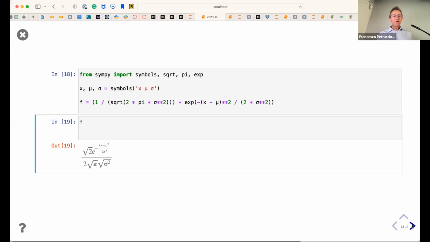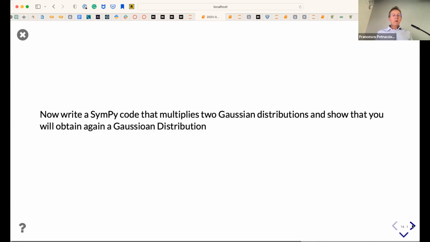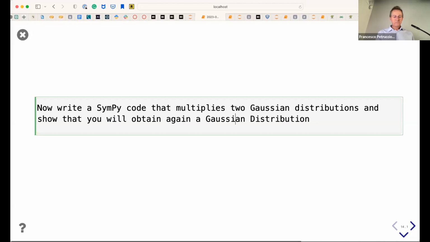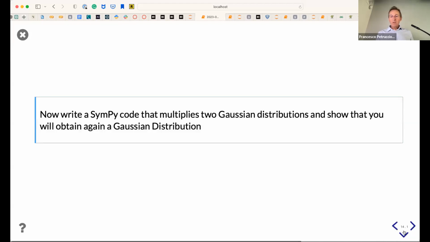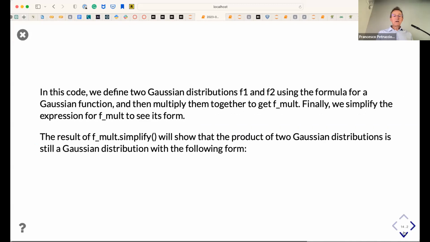Okay, now, sorry, there's a typo. Let's define now 2 Gaussian distributions. Maybe I give you a few minutes to try, and multiply them together, and call the product f mult.